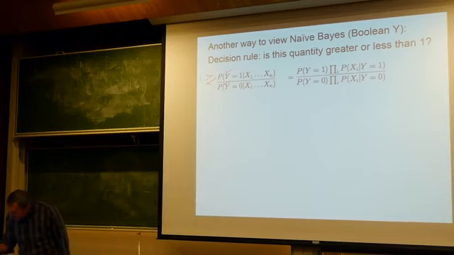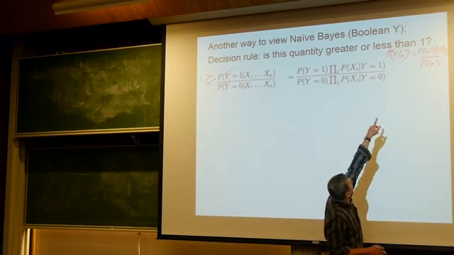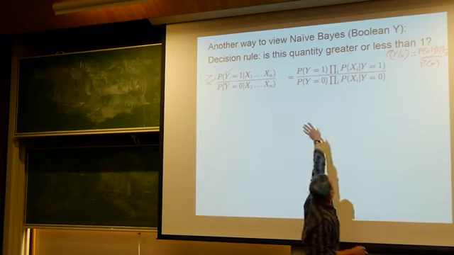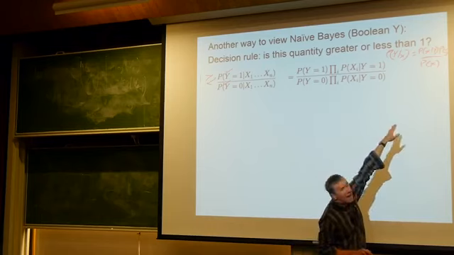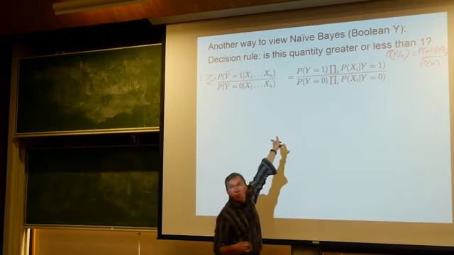If the probability that y equals 1 given x's is higher than the probability that it's 0, then the ratio will be greater than 1, and we'll classify it as a 1. And since the probability of y given x is just Bayes' rule, probability of x given y, probability of y, over probability of x, if I take the ratio of these two, I get these two expressions with y bound to 1 and 0, but the denominator p of x just cancels out if I take the ratio.